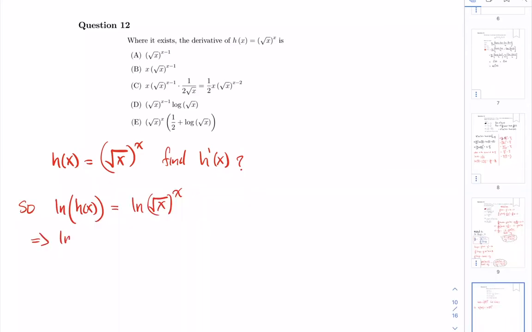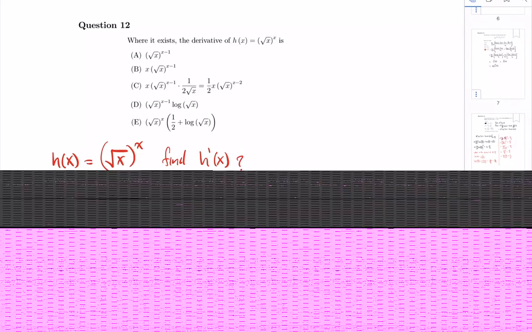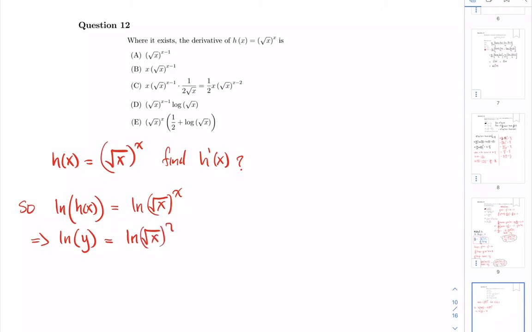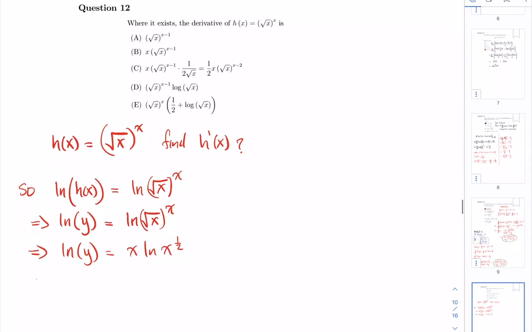So this is the same as saying ln y is equal to the log of the square root of x raised to the x, and because of the power rule of logarithms, we now have ln y equal to x times ln of x raised to the half power, which is the same as ln y equals half x times ln x.